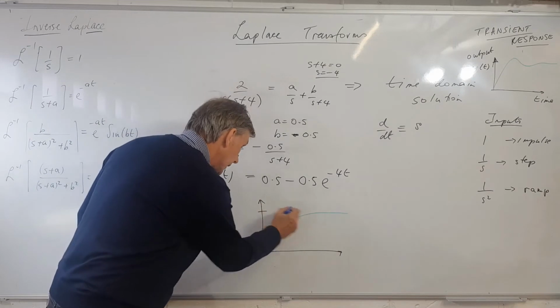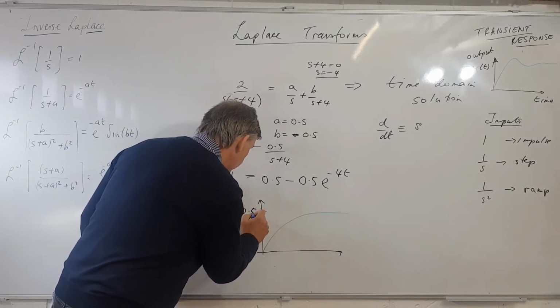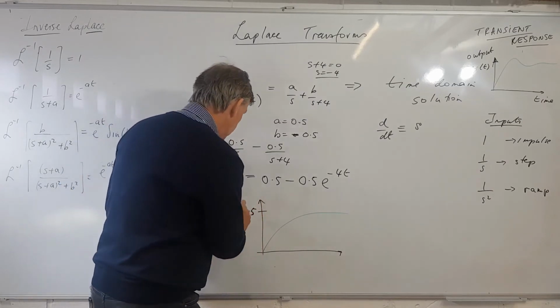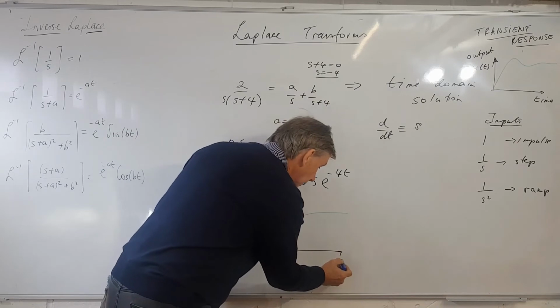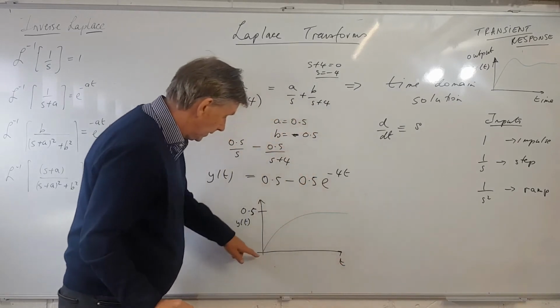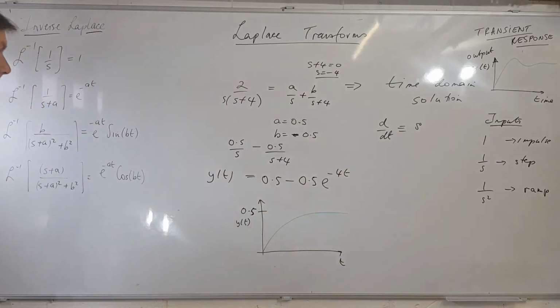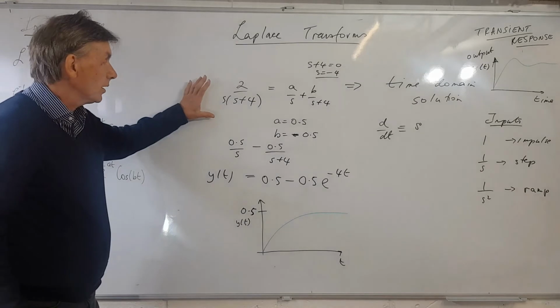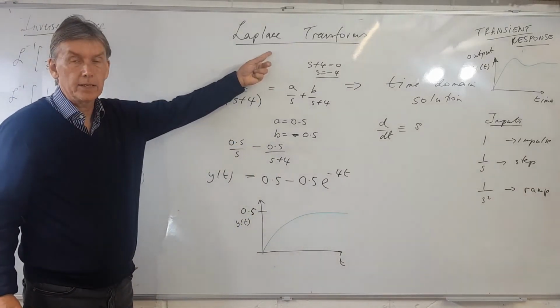So that value there will be 0.5. So this is y of t against t, and it will come up to exactly a half. So this is an example now of where we could have gone from a differential equation to a time domain response using Laplace transforms.